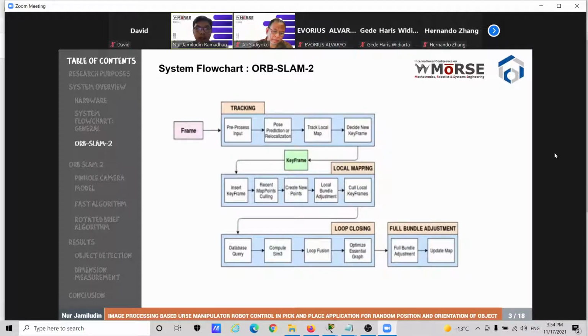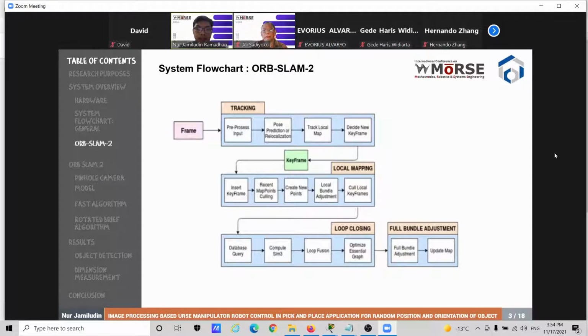This is the system flowchart of ORB-SLAM2. There are three main algorithms, which are tracking, local mapping, and loop closing. And then in the end, it will be refined by the full bundle adjustment to update the map. As you can see, the system takes the frame, the image raw from the camera, and then processes it by the tracking algorithm, and then it will get the keyframes.